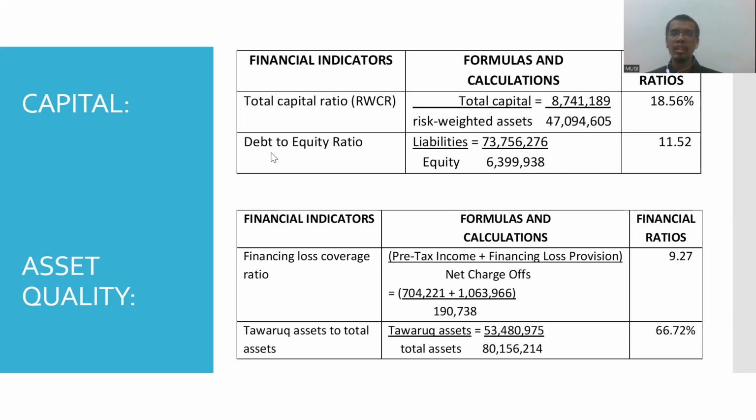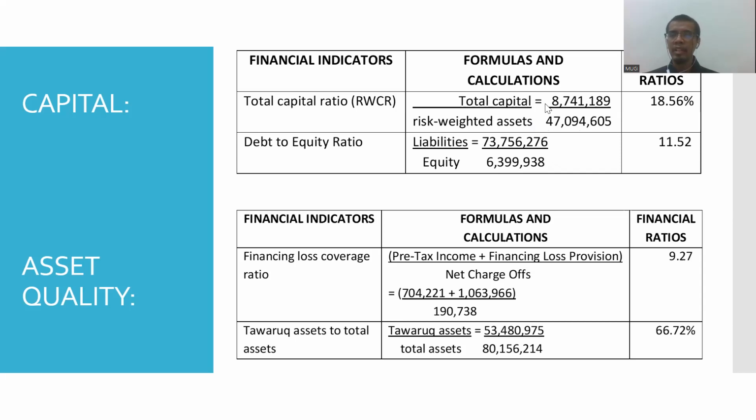The first one is the total capital ratio, or the risk-weighted capital ratio. The formula is total capital divided by risk-weighted asset, and this number is taken from the financial statement of Bank Islam Malaysia Berhad for 2021.